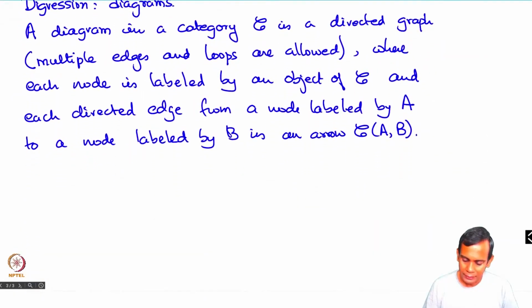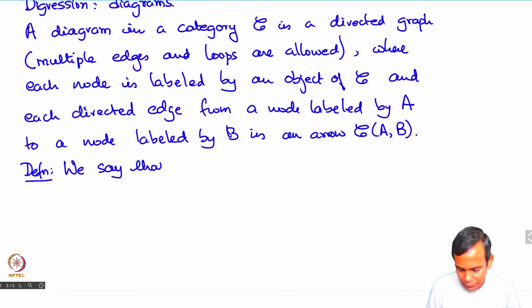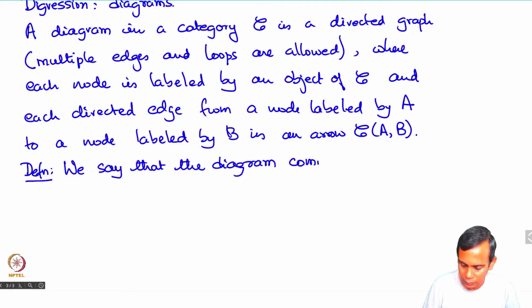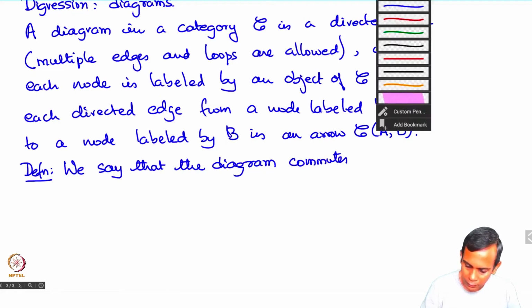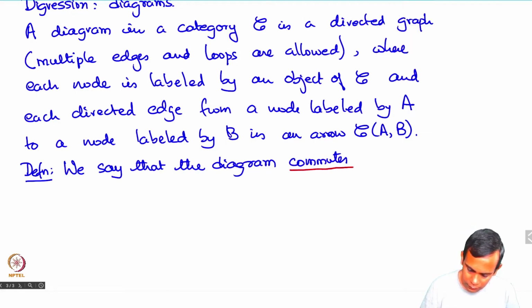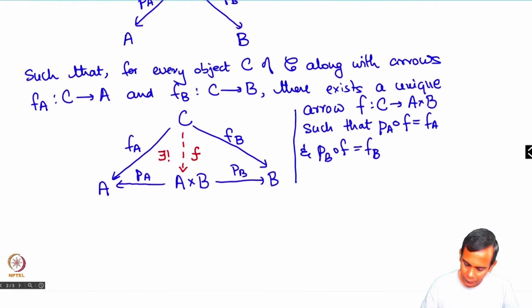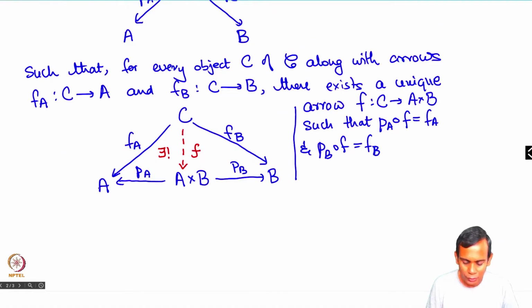And we say that the diagram commutes if, given any two nodes in this diagram, there are many different ways to go from one node to the other.